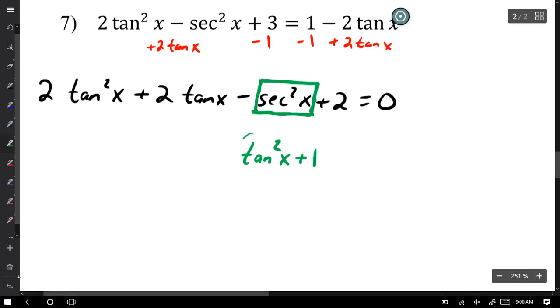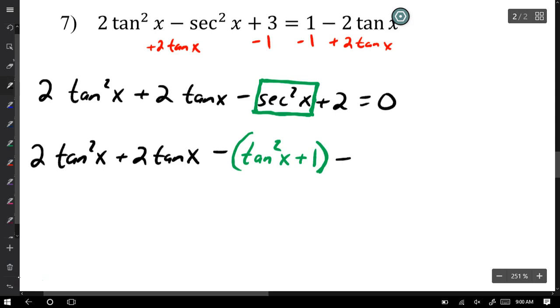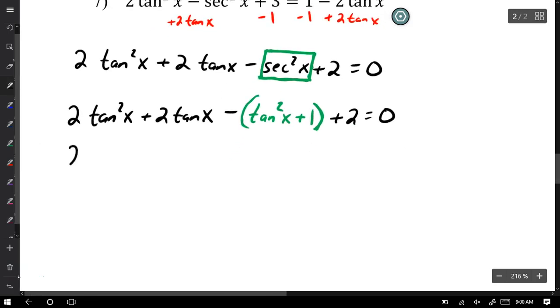It is this whole thing. And I need to put it in parentheses, particularly because there is a minus sign in front. So I need to subtract this entire thing, not just one part of it. So I have 2 tangent squared of x plus 2 tangent of x minus the quantity tangent squared of x plus 1, plus 2 equals 0. So now I have like terms. Let me distribute and try to combine what I can.